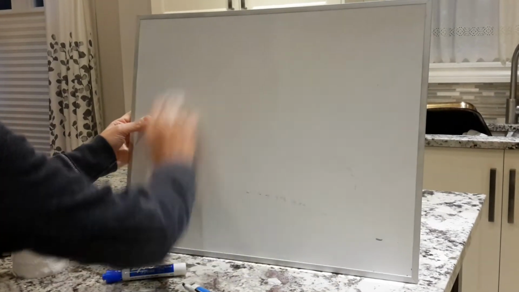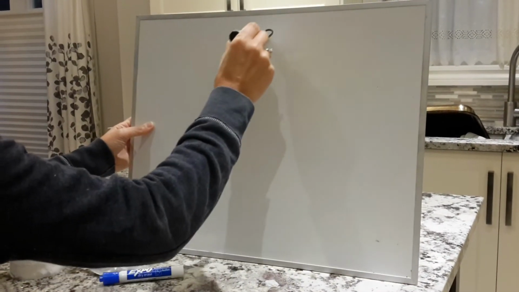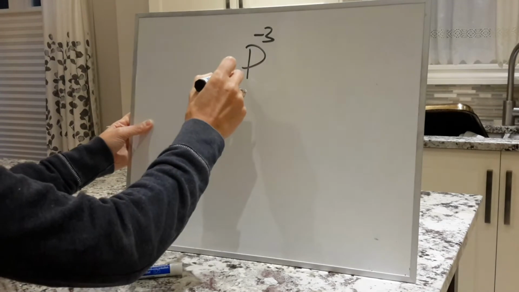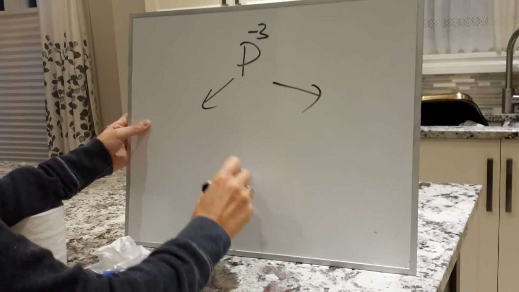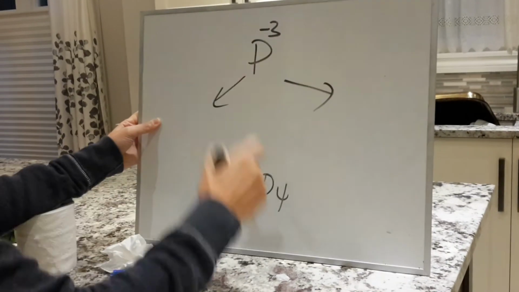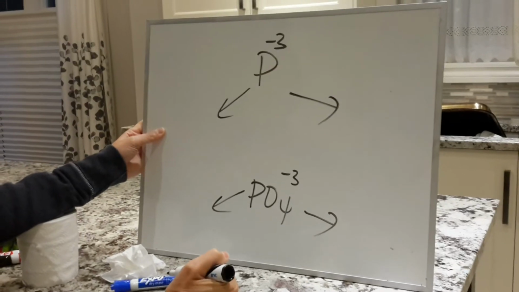Okay, so what happens when we have something that contains phosphorus? Phosphorus has a -3 charge. So you can actually create two ions with phosphorus, or in the same way that we can do it with just the element phosphorus, we can do this with phosphate. So let's do it with phosphate also.